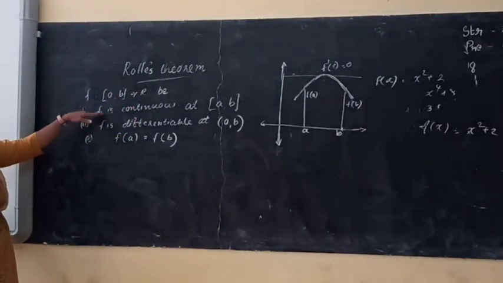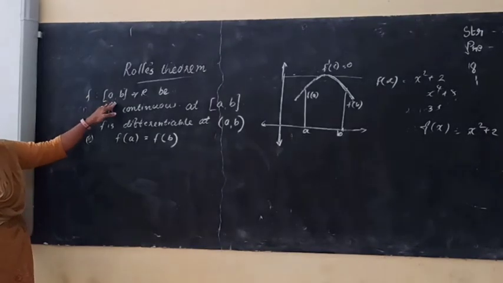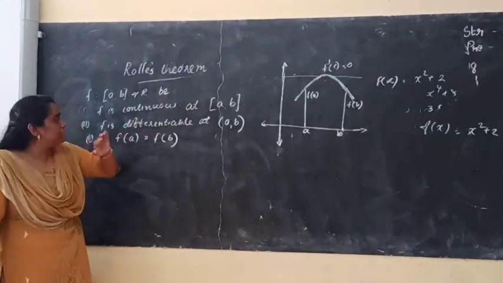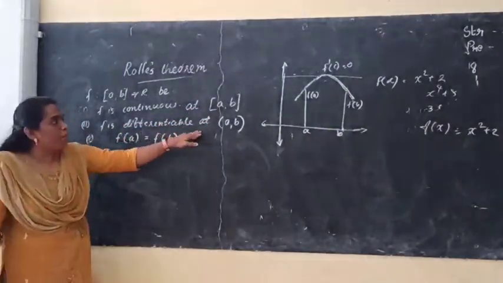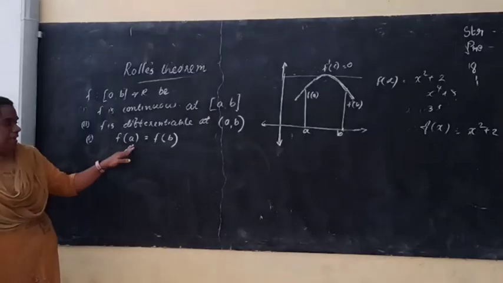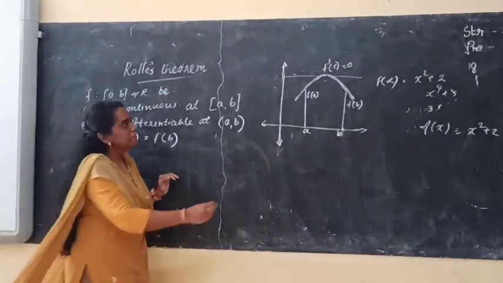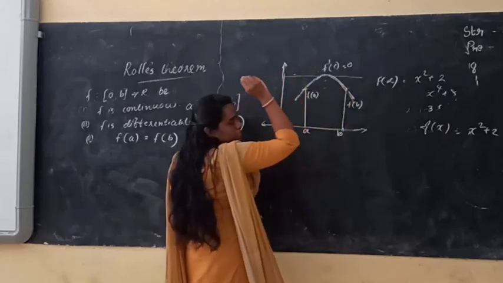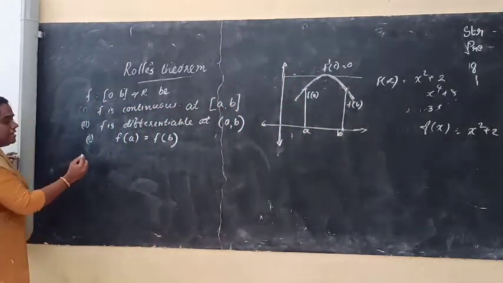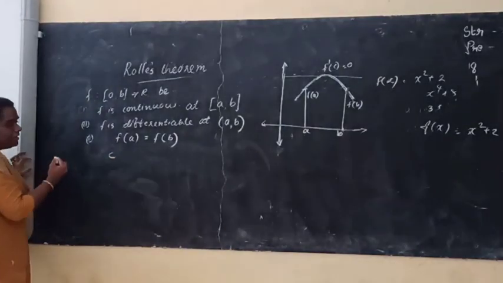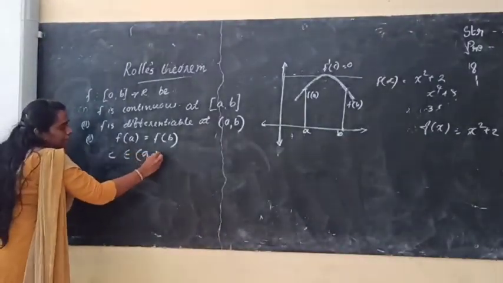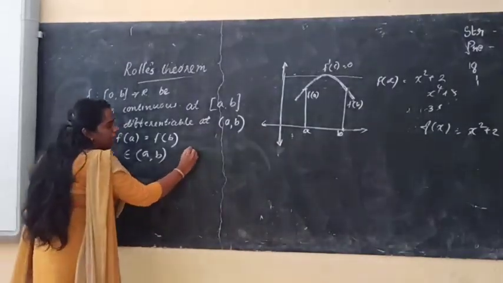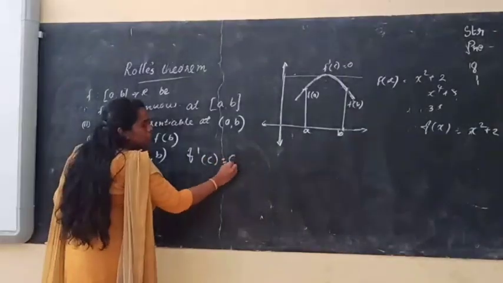What is the first condition? f is a function from the closed interval [a, b] to R, and f is continuous on the closed interval [a, b], and f is differentiable on the open interval (a, b), and f(a) is equal to f(b). Then the curve reaches the same value, and we can find a c belonging to the open interval (a, b) such that f'(c) is equal to 0.